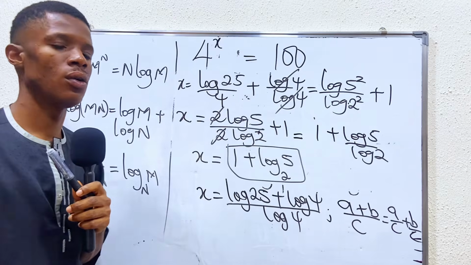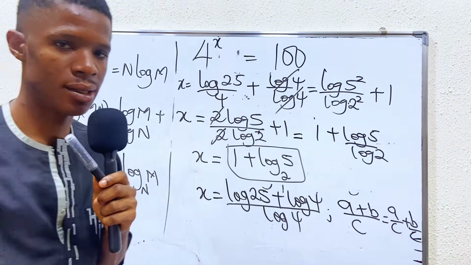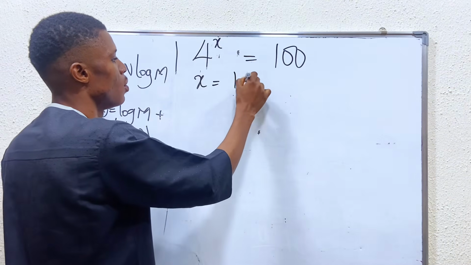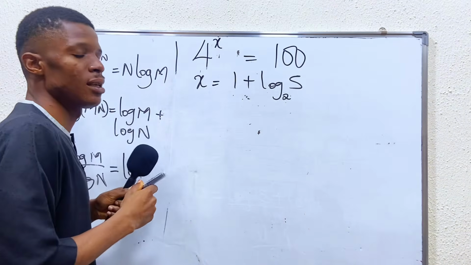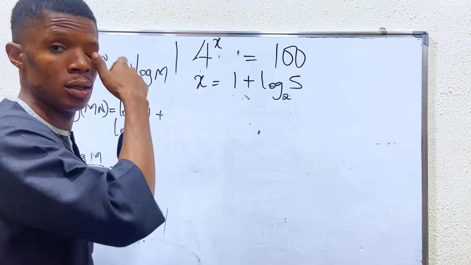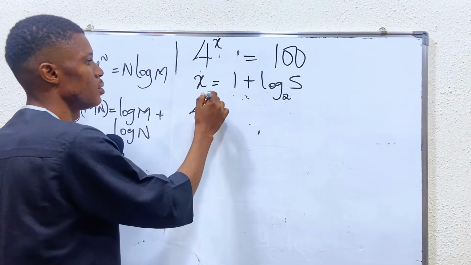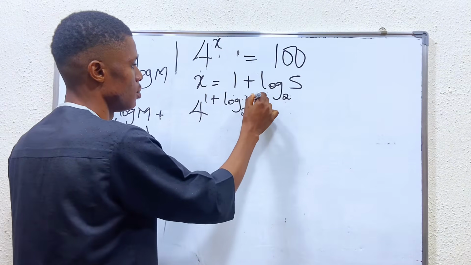So that's it. Now we have to verify to know whether our answer is actually right. We say that x is equals to 1 plus log of base 2 of 5, at its simplest form. So we are going to put this back into the equation to know whether we are right. So we'll have it as 4 to the power of 1 plus log of base 2 of 5.